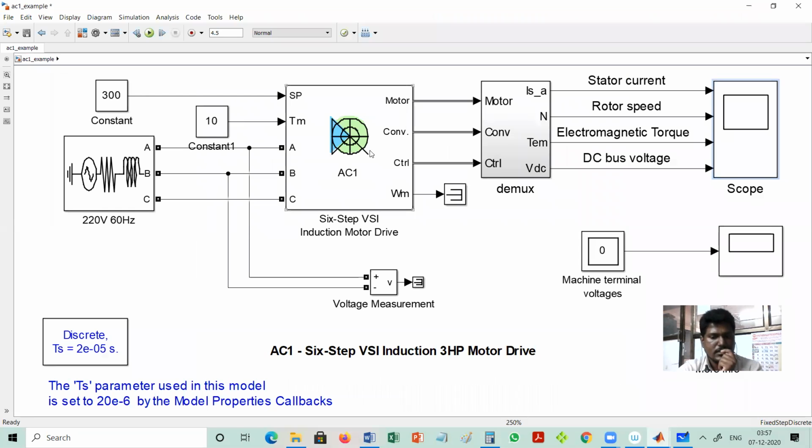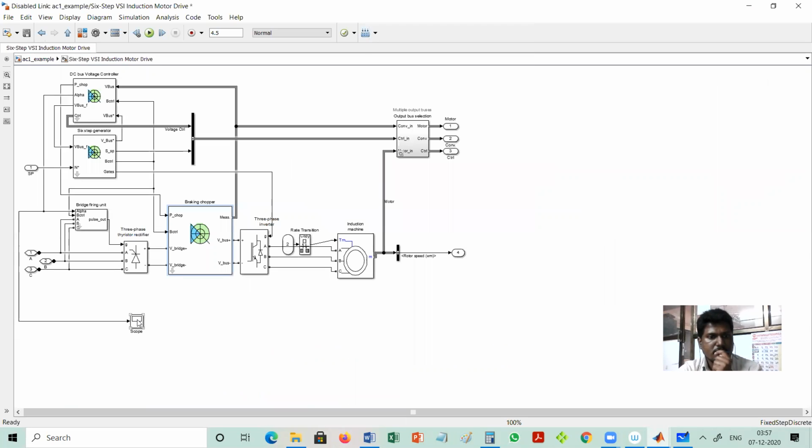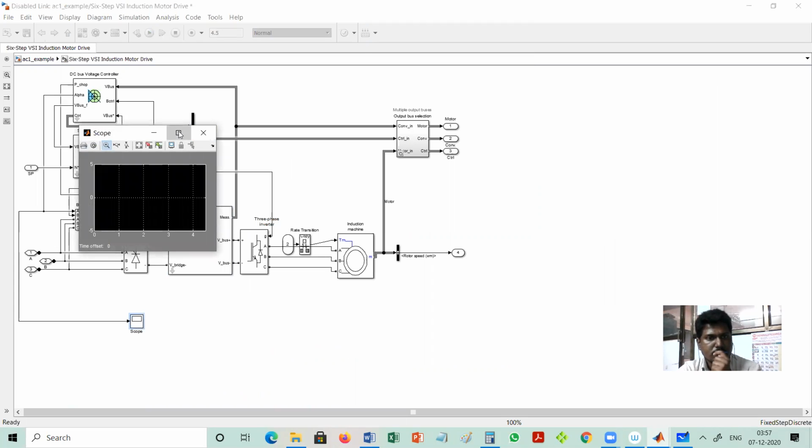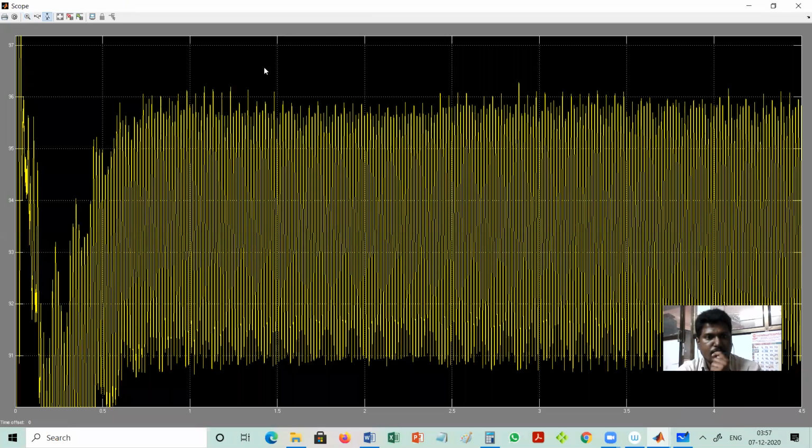For that you have to look under mask the AC1 block. Here is the alpha. In this scope the alpha is there. By observation you have to choose the average value of this alpha.